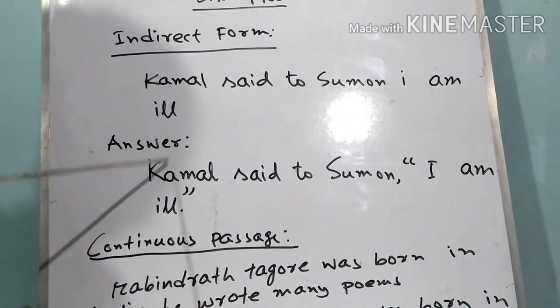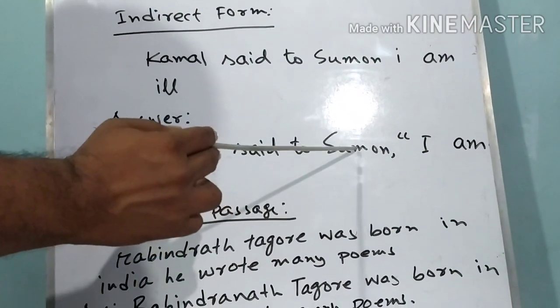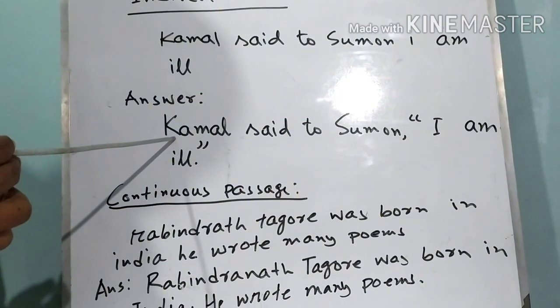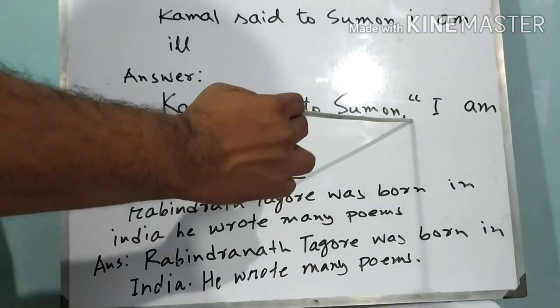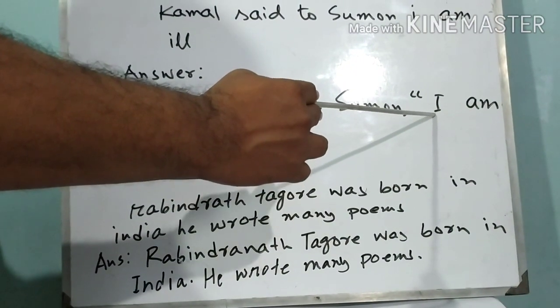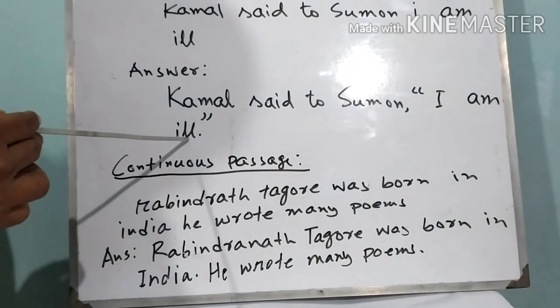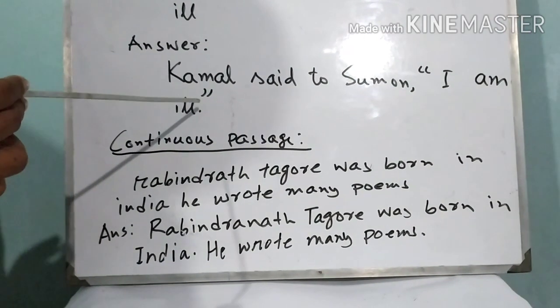So the answer will be: Kamal said to Shumon, and after Shumon there will be inverted comma. Kamal, K capital; Shumon, S capital; and after inverted comma, I will be capital. I am ill, so that sentence is finished. So we have to use full stop, then inverted comma, finished.